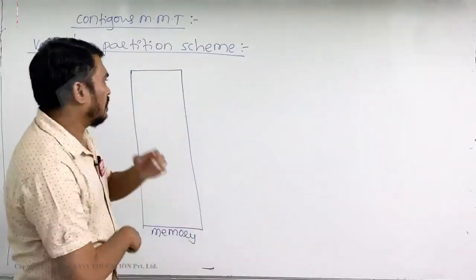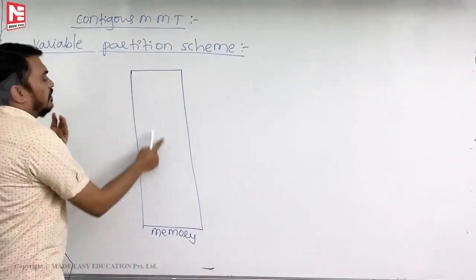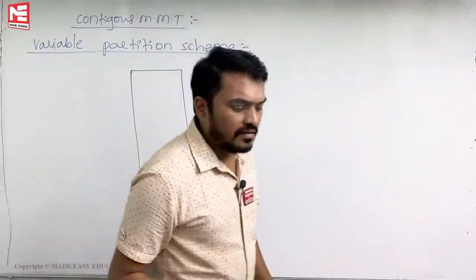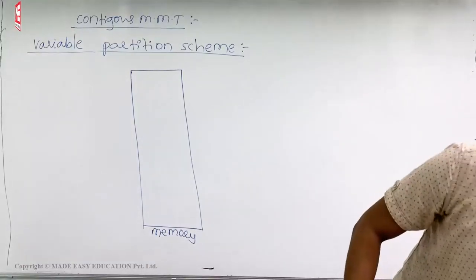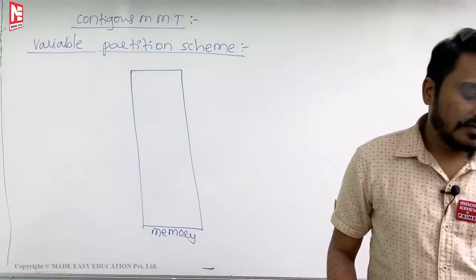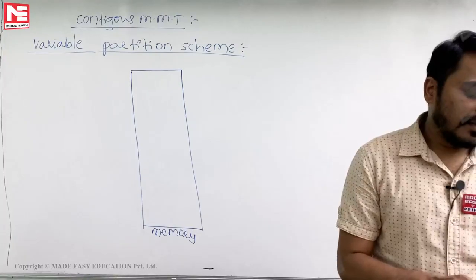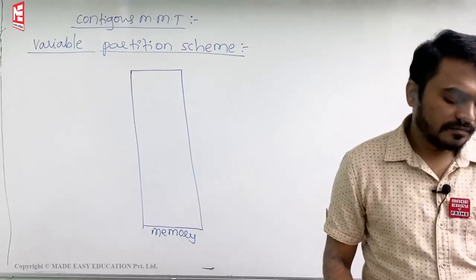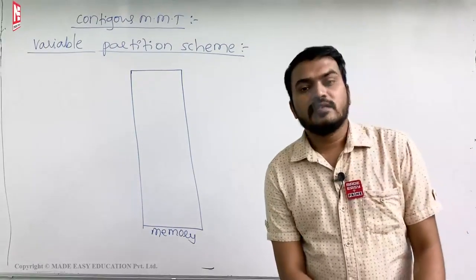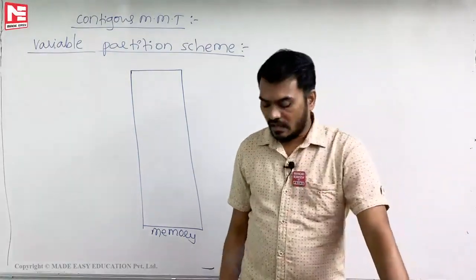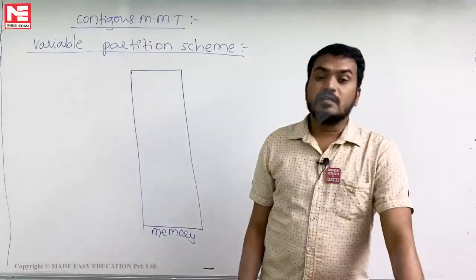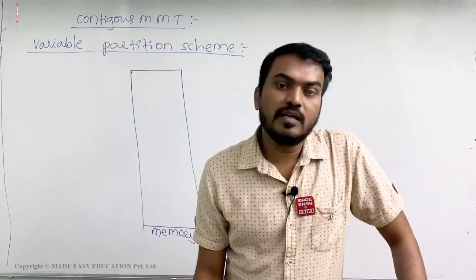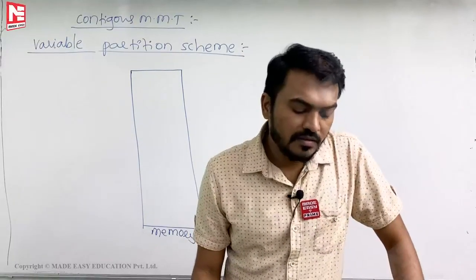Is that clear? So in the variable partition scheme, initially memory will be a single continuous free block. Note down. Next point: whenever the request by the process arrives, accordingly a partition will be made in the memory.